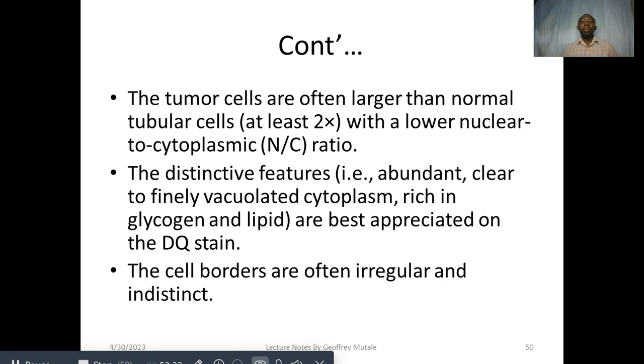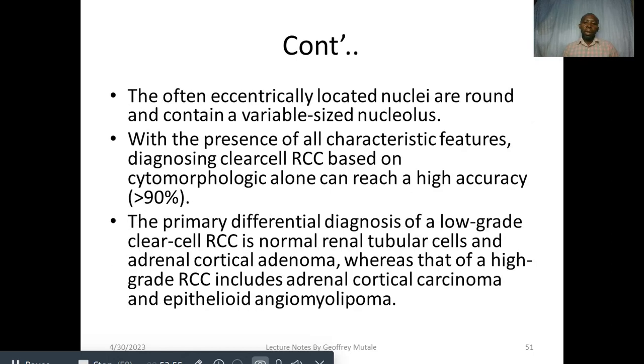The distinctive feature here is abundant, clear to finely vacuolated cytoplasm, rich in glycogen and lipids, which are best appreciated on the Diff-Quik stain. The cell borders are often irregular and indistinct. The often eccentrically located nuclei are round and contain variably sized nucleoli.